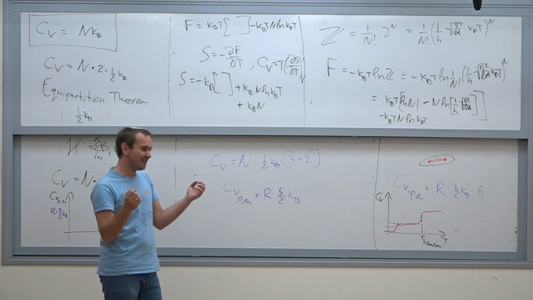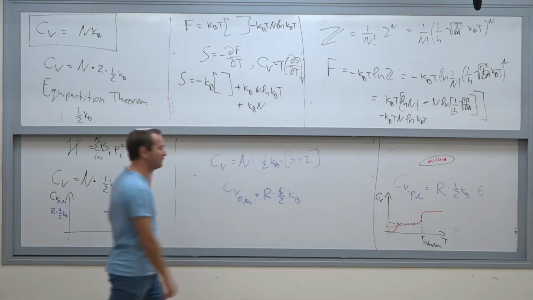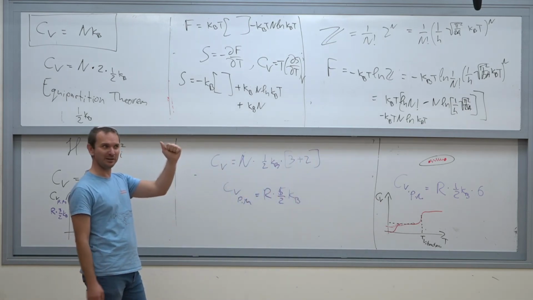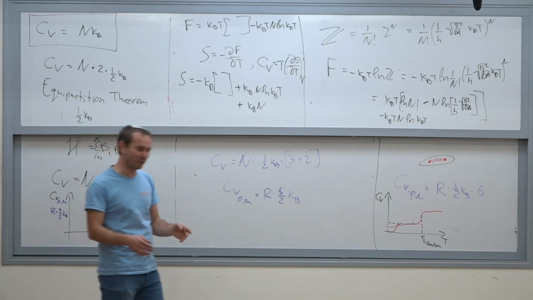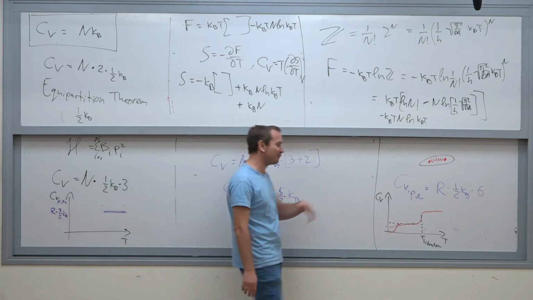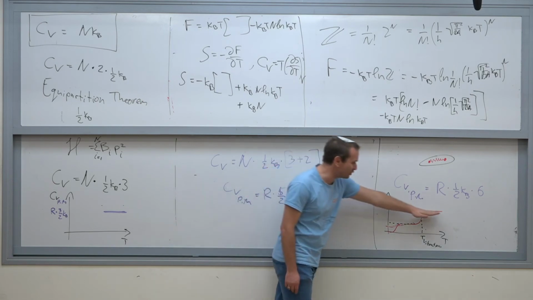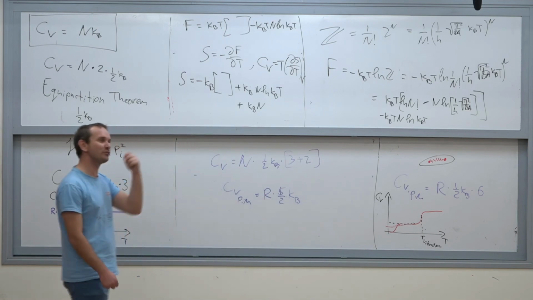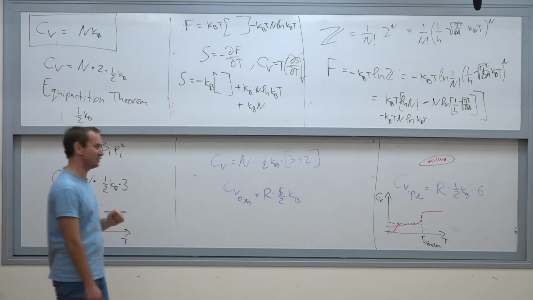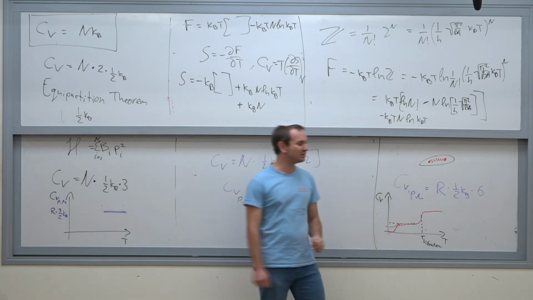Then the heat capacity according to the equipartition theorem should go to infinity, right? Because I have an infinite number of constituents inside my system, an infinite number of degrees of freedom, so the heat capacity should go to infinity. And it's not going to infinity, it goes to a constant, and this basically says that there is a limit. So there is a specific number of particles inside your system. Again, you can understand the atomic structure from a very classical perspective.